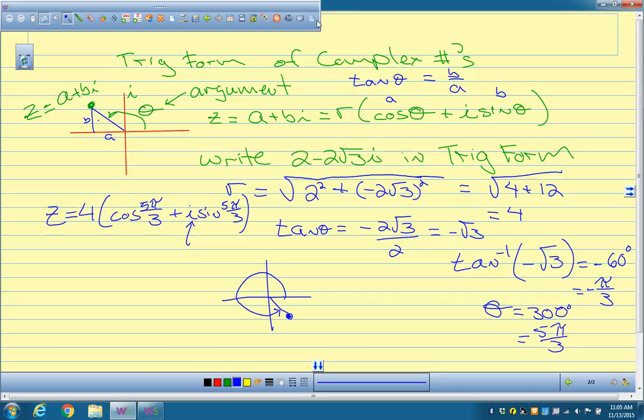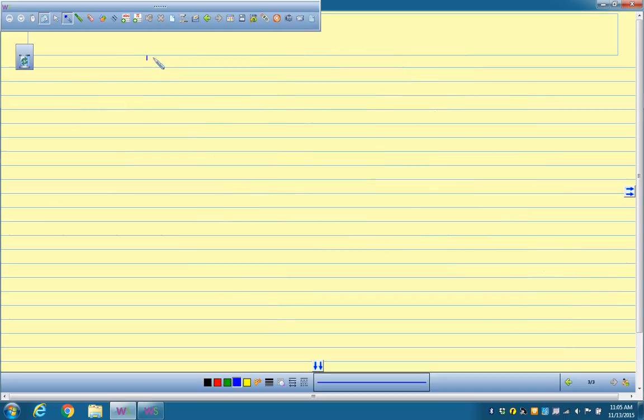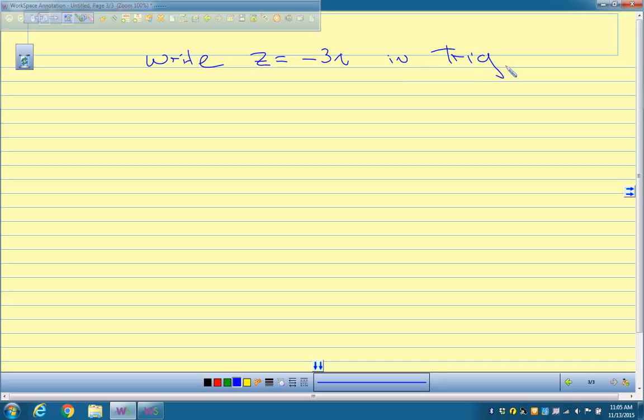What if I wanted to write z equals negative 3i in trig form? Could I do that? Where am I if I'm at negative 3i? I'm straight down 3. 1, 2, 3, right?